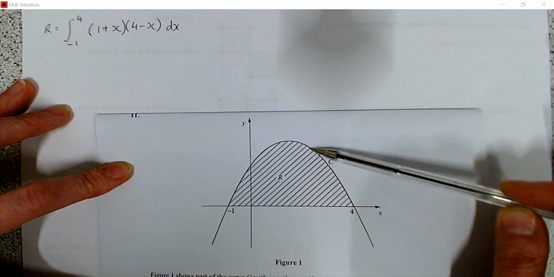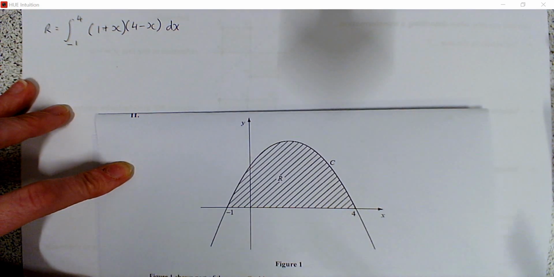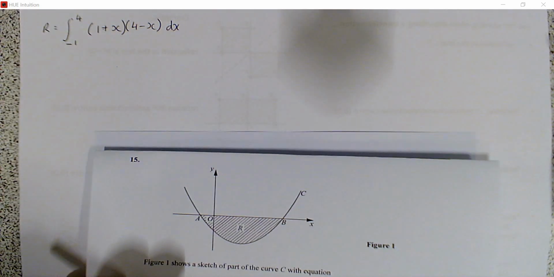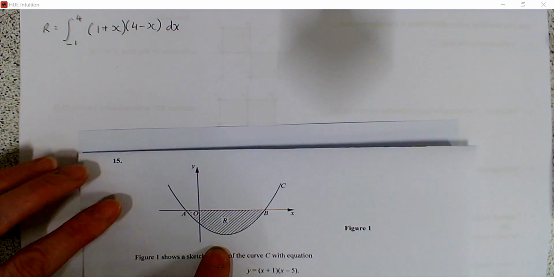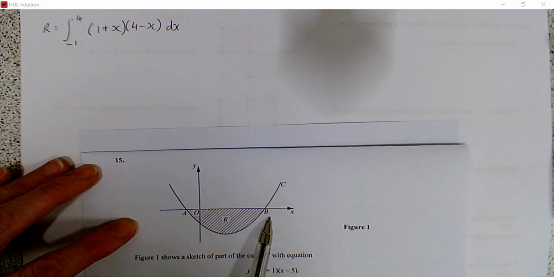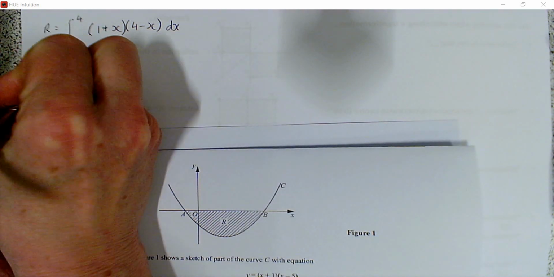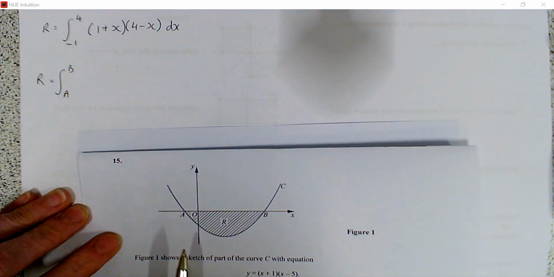So we can always find the area between the curve or a line and the x-axis. So between an equation and the x-axis. Then we met the case when we have a curve that lies below the x-axis. If we did the integration this time, I don't know what A and B are at the minute, but we'll just write A and B. So this time our region goes from A to B. Whatever numbers those are, we'd put them there.